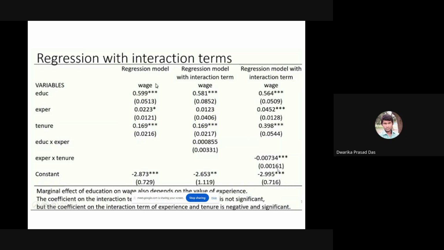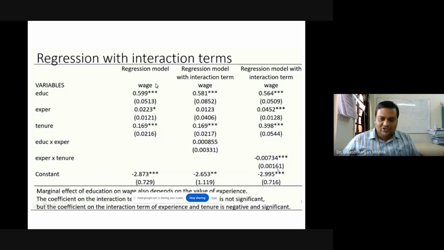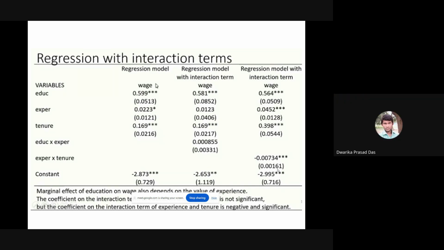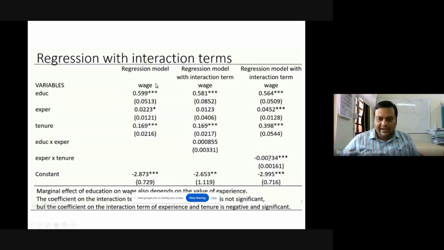Sir, what does the third column actually show? It is the same, I think. Is it the same? No, it is not the same. Is it visible to you? Yes. What is the difference between the second and third model? It indicates that the third model includes experience and tenure as the interaction term. The second model indicates the education with experience.